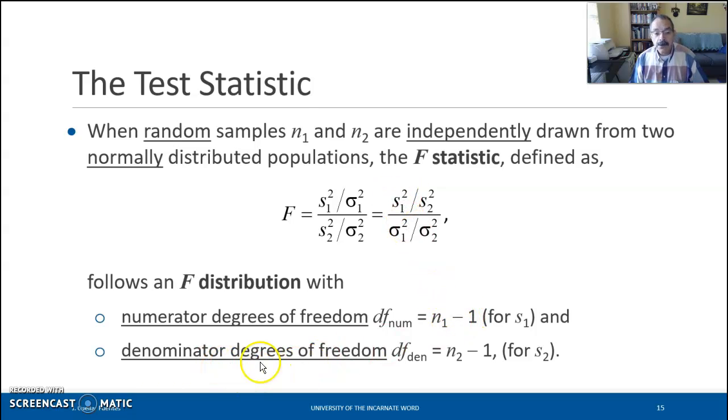And the denominator degrees of freedom is the sample size of the second sample variance, in the denominator, minus 1. Okay, so it's very important to keep track of which variance is in the numerator and which variance is in the denominator, because that's how you're going to associate the degrees of freedom.